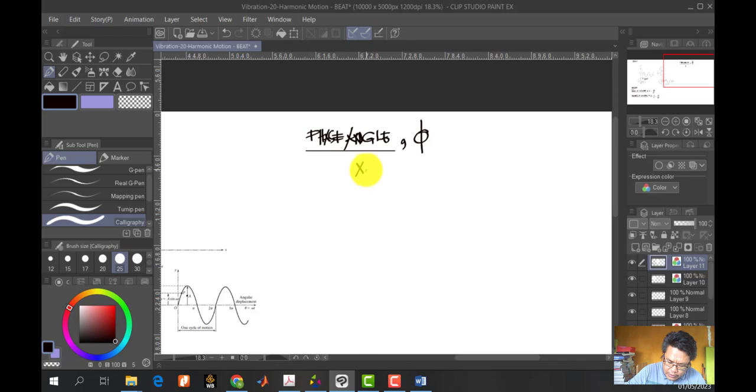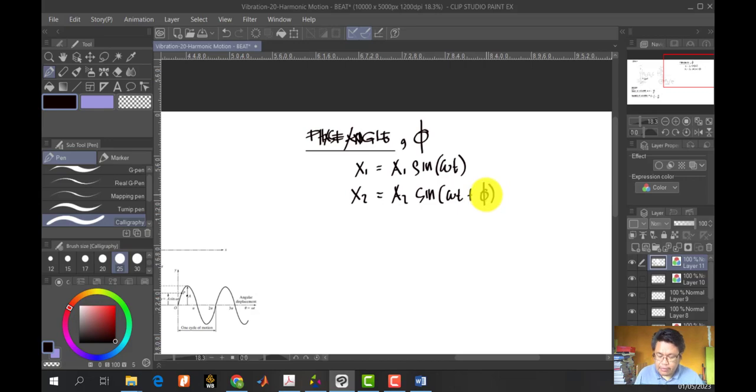This is x1, so I have my amplitude X1 times sine of your angular velocity times time. Then you have another motion, x2, which is X2 times sine of your angular velocity times time, plus the phase angle phi.